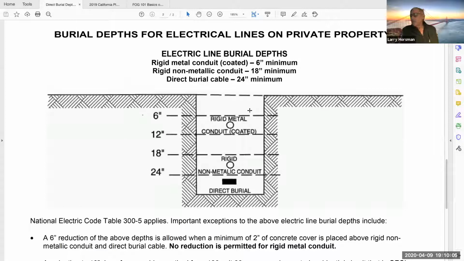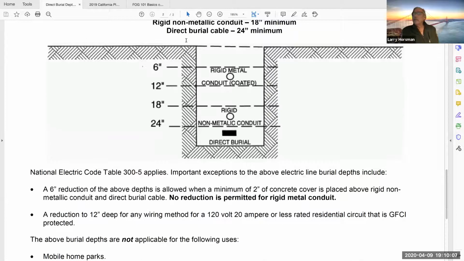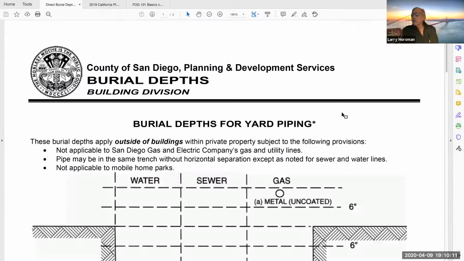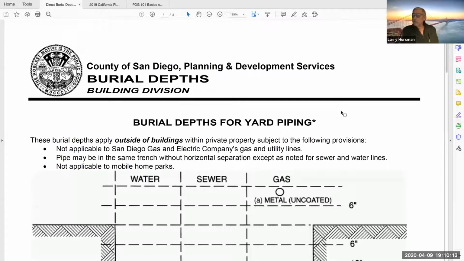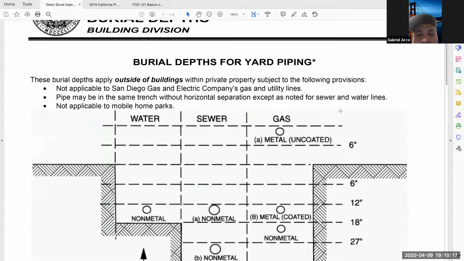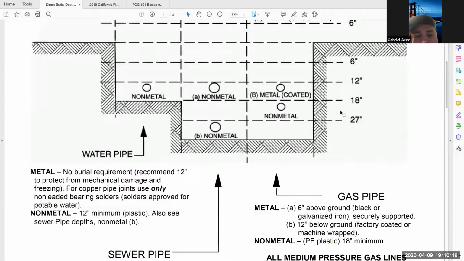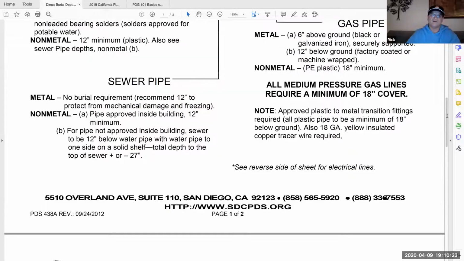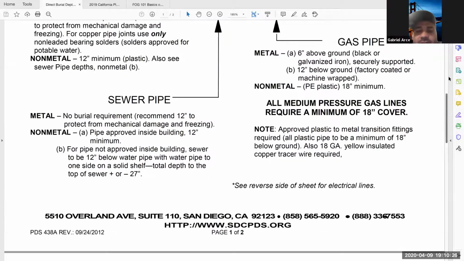And then on the back, or on the first page, these are the burial depths for plumbing. Wow, it's nice. I will send that, put it in a good PDF and get it to you, definitely.